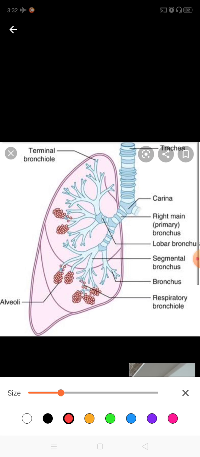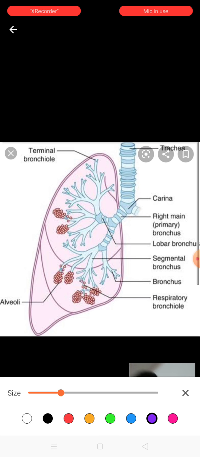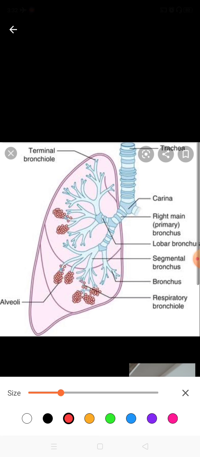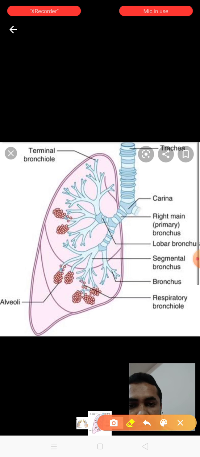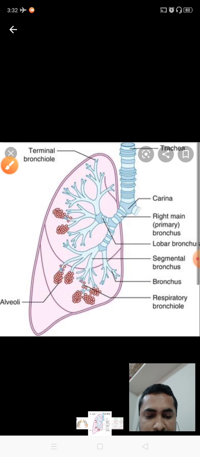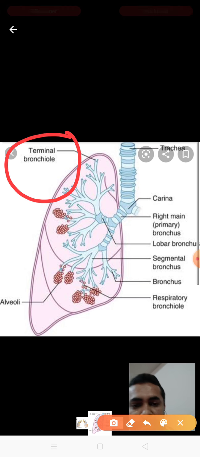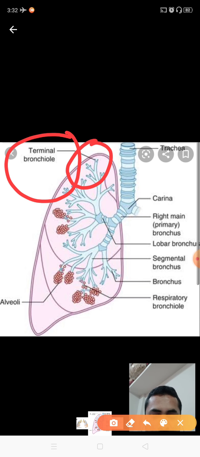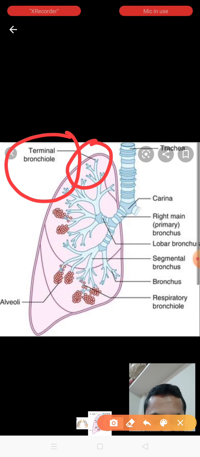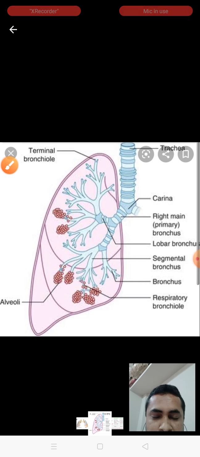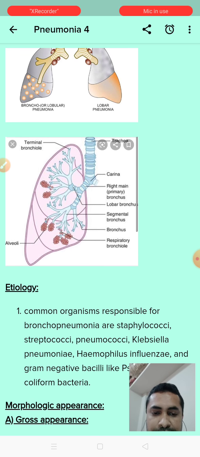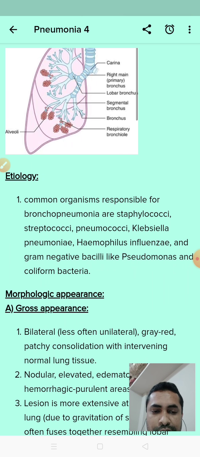This part is the terminal bronchiole. So this is the location of the terminal bronchiole, and infection here is why it is called bronchopneumonia.